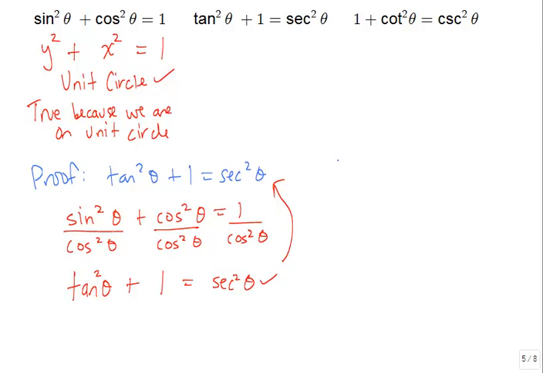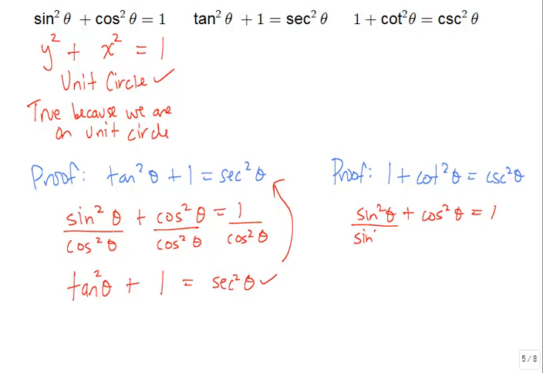So let's do the same thing, the same idea, to prove that 1 plus cotangent squared theta equals cosecant squared theta. So we're going to start with our basic Pythagorean identity, sine squared plus cosine squared equals 1. And this time, instead of dividing every term by cosine squared, I'm going to divide every term by sine squared.